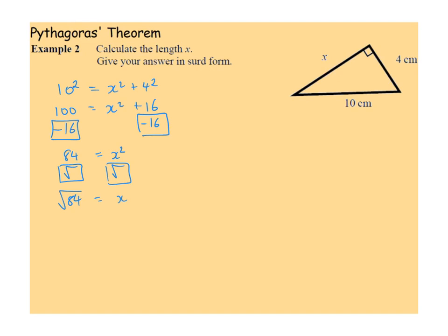Now, if we want to write this in simplest surd form, then we need to express root 84 in simplest surd form. And there's two ways of doing that, you'll remember from the earlier surds work. One is to prime factorise 84.